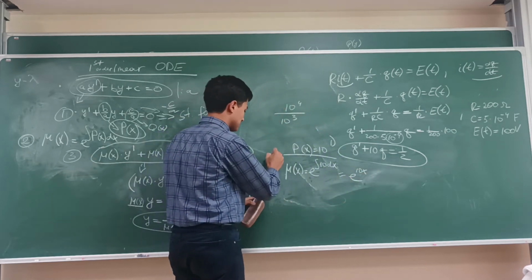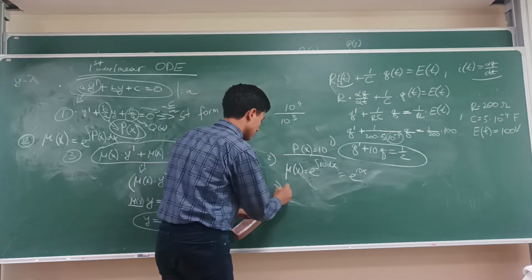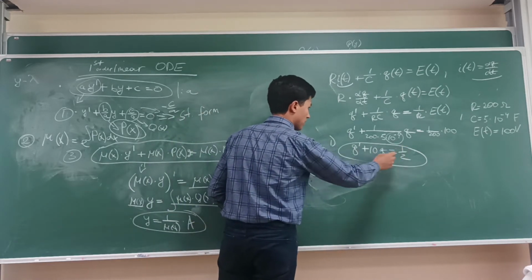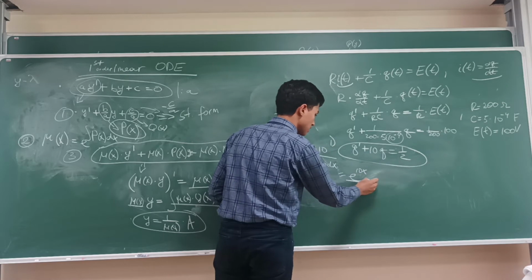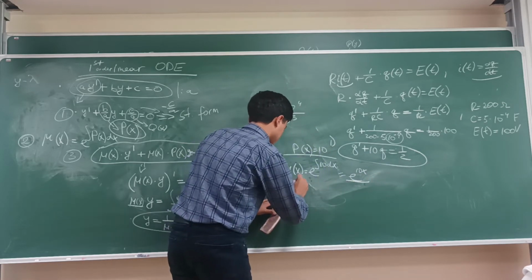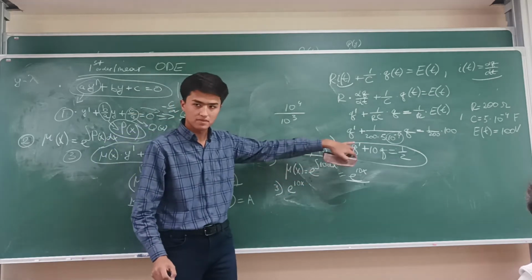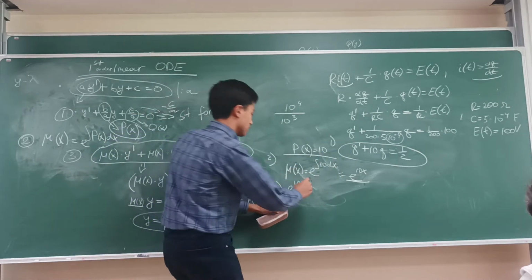So this is our second step, and as our third step, we multiply the left side and right side of our standard form by this. What do we get? Can I just write it explicitly or open the brackets? Yes.